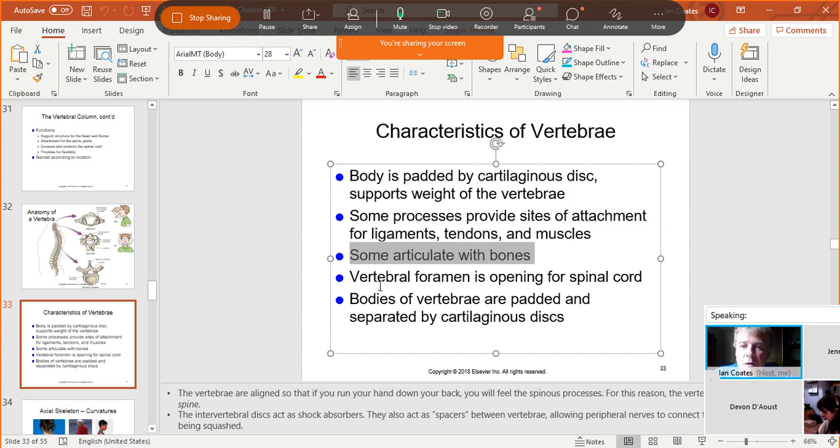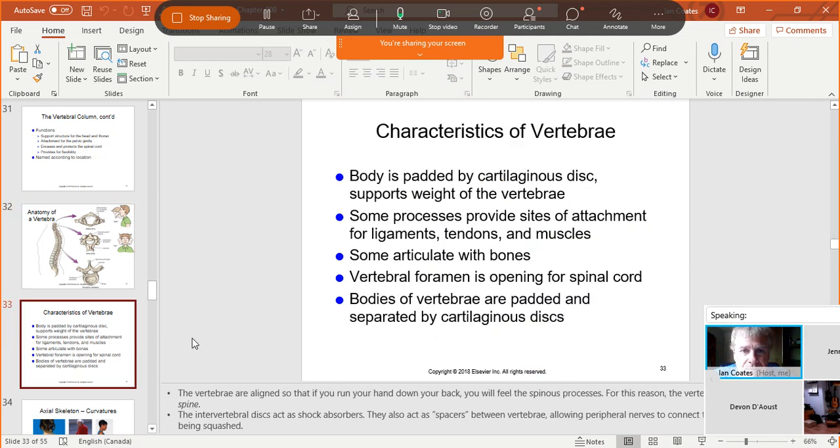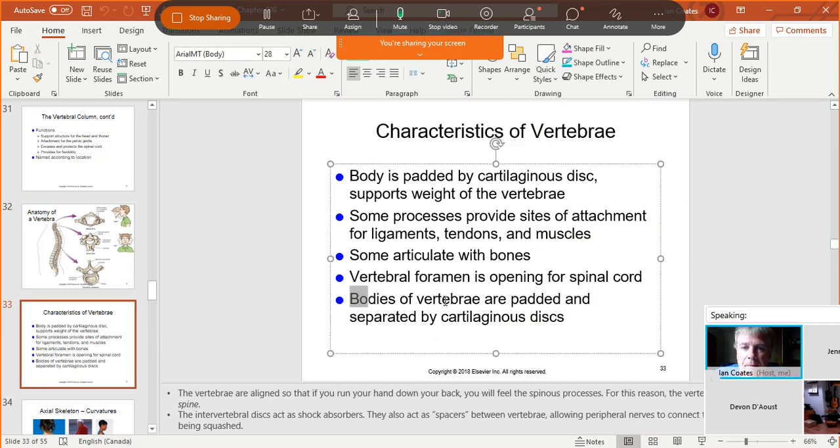Your vertebral foramen is open for the spinal cord. There's another foramen right there. Vertebral foramen is the hole in the middle of your vertebrae. Foramen just means hole. Bodies of the vertebrae are padded and separated by these cartilaginous discs.